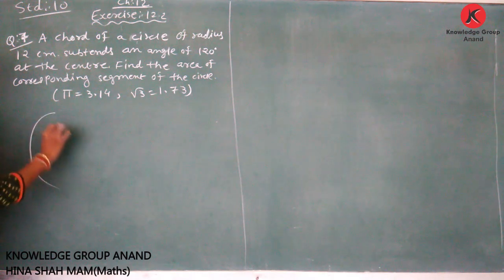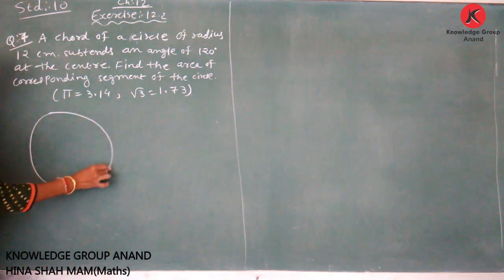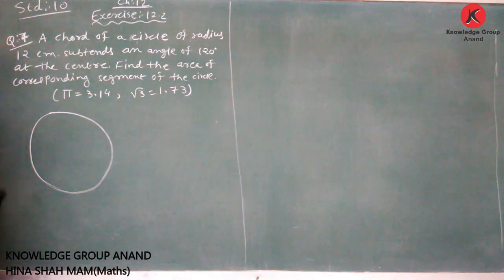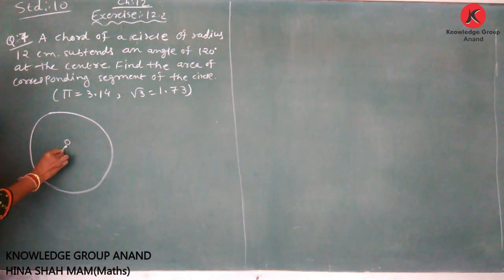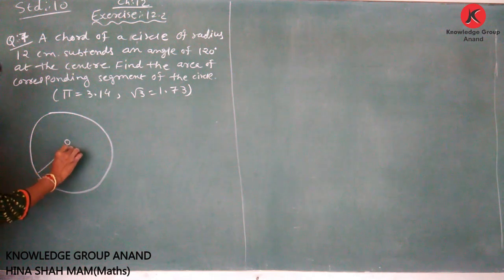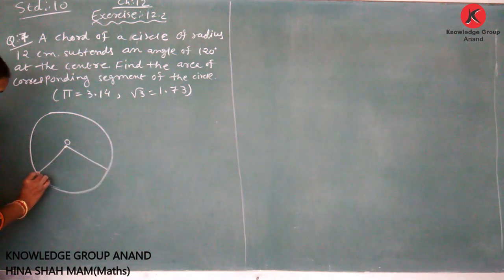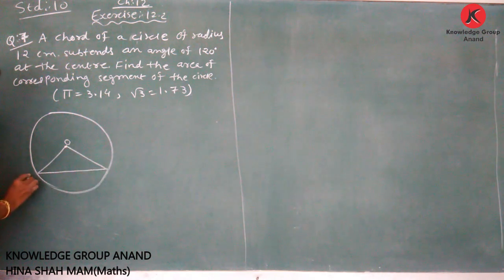Here we draw the figure. A chord of circle of radius 12 centimeter. Here O is the center. AB is the chord.